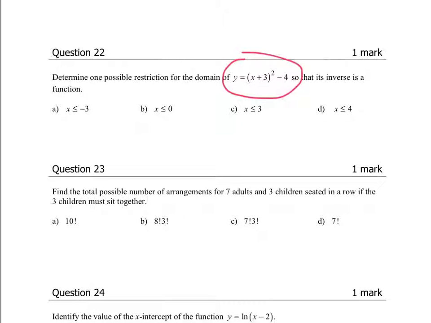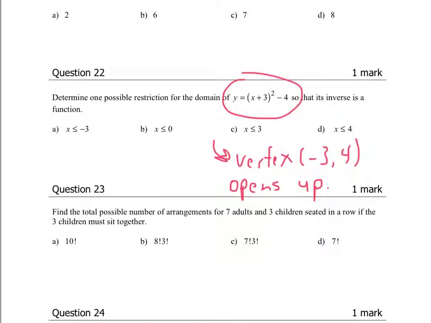And this parabola has a vertex of (−3, −4), and it opens up. So we'll quickly graph this parabola to get an idea of what it looks like.